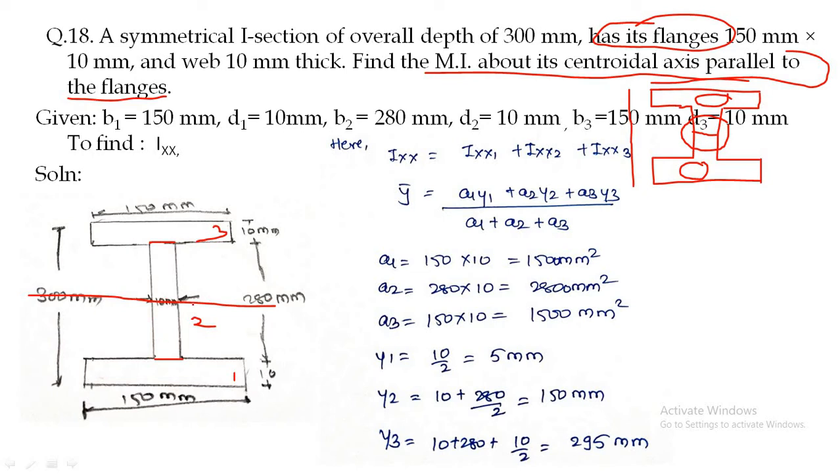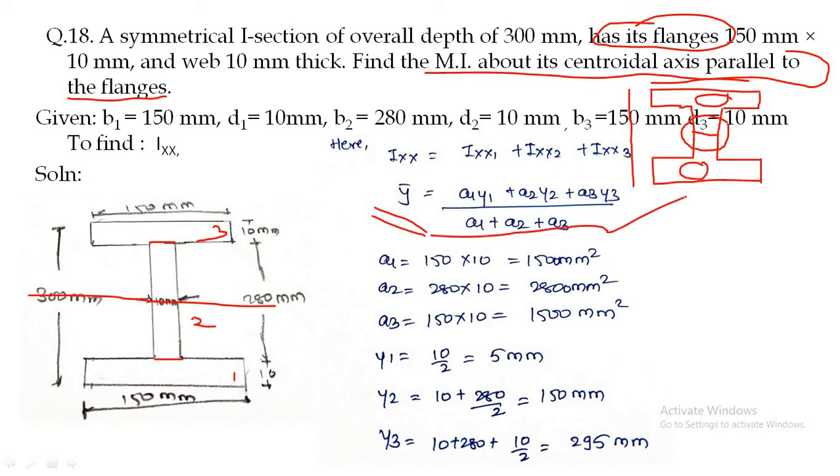This line will cut the section into two equal parts, and around this line the I section is symmetrical. So directly we can take y bar as half of the total height, that is, we can write y bar as 150 mm, or we can follow the procedure that we already followed for our previous numericals. What was that procedure? We found the value of y bar using a formula. What's the formula?